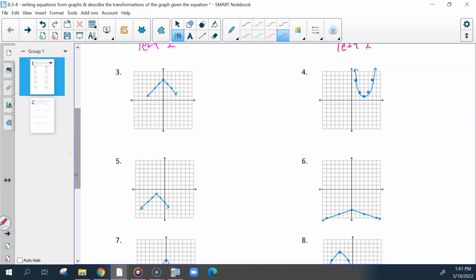We're not going to do every single one of these, but we are going to do some. All right, for number 3, again, my parent function, and this is absolute value, was this. I'm not going to graph as many points as I did before.